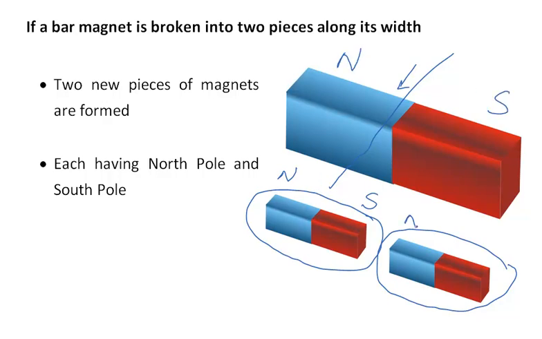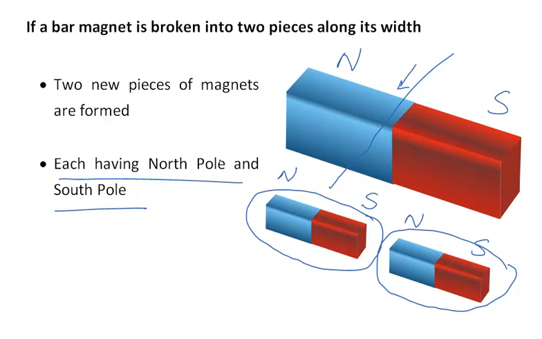So again the two pieces have north and south, but the strength of magnetism or the magnetic properties will be slightly lesser. But the important point to understand here is that you have broken a magnet into two pieces, and still you have two magnets.